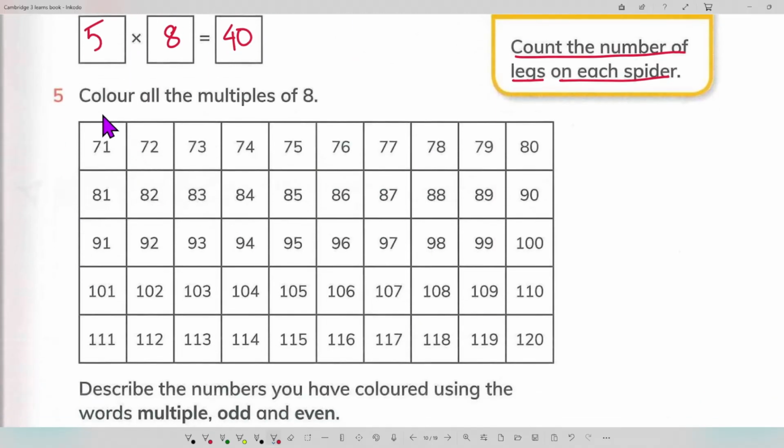Now color all the multiples of 8. So all the multiples of 8, and here starting 70 is not, 72.